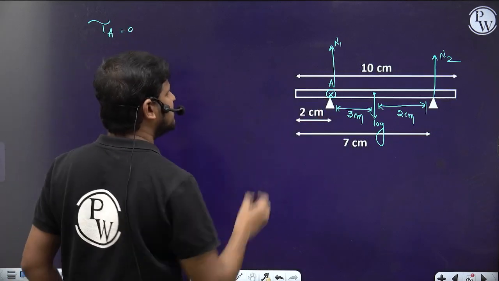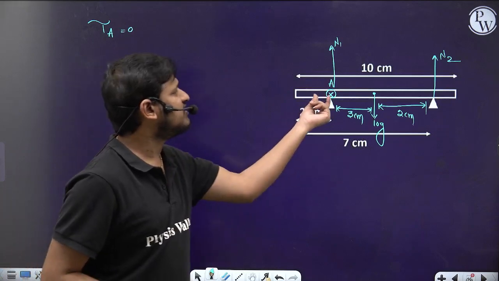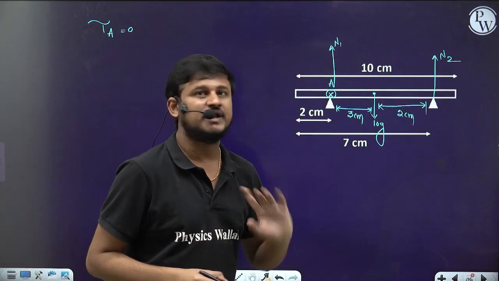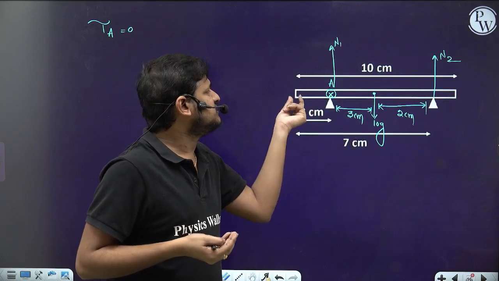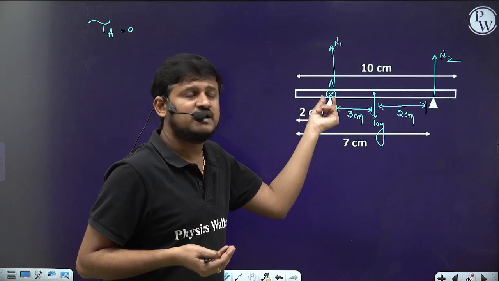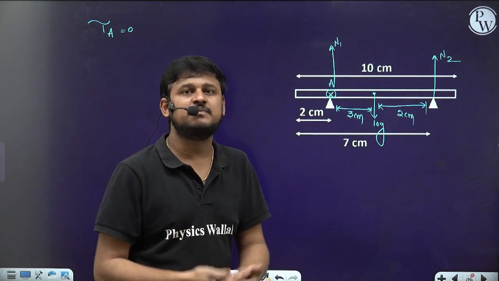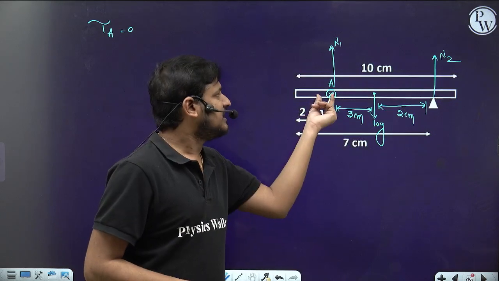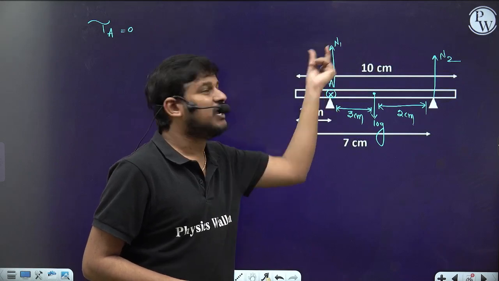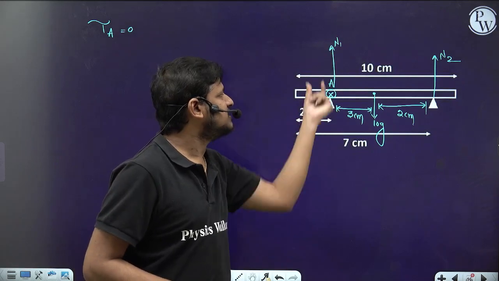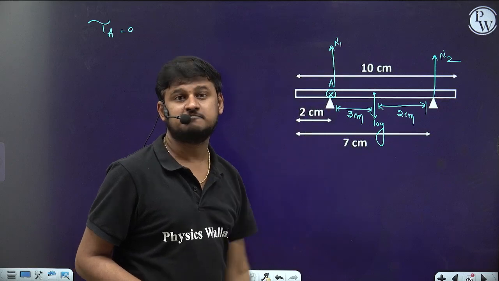Torque about this point A is equal to 0 because N1 will become 0. Then I will get N2 directly. Just choose the point logically. If I take about the other point, N1 and N2 equations will both come, and calculations will become lengthy. If I take about the first support, the torque due to N1 will become 0 because that force is passing through the axis of rotation.